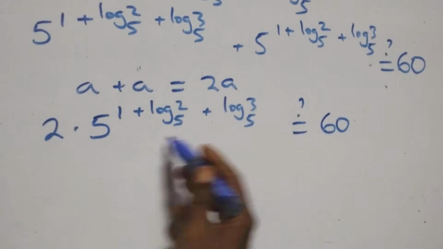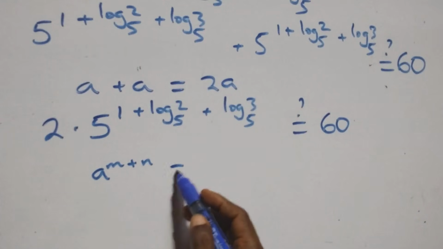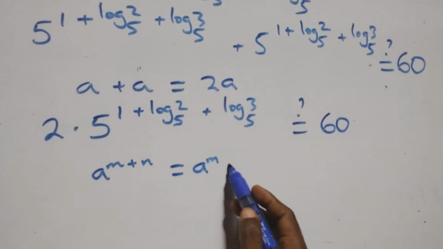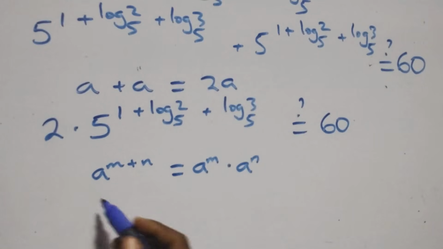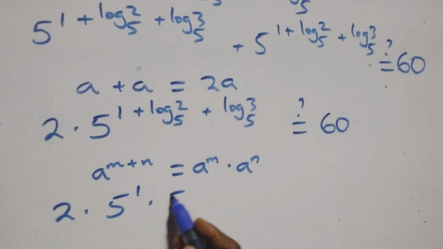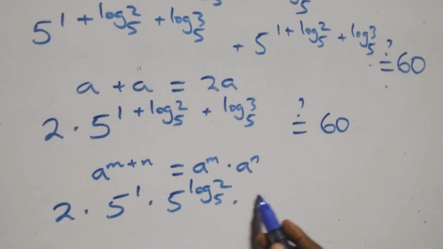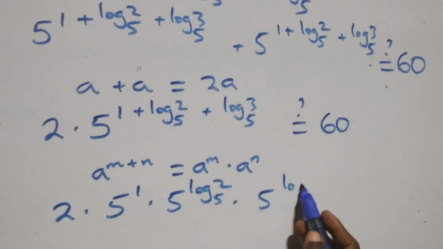And this follows when we have a raised to power m plus n, this is the same thing as a raised to power m times a raised to power n. So here we have 2 times 5 raised to power 1 times 5 raised to power log 2 base 5 times 5 raised to power log 3 base 5.